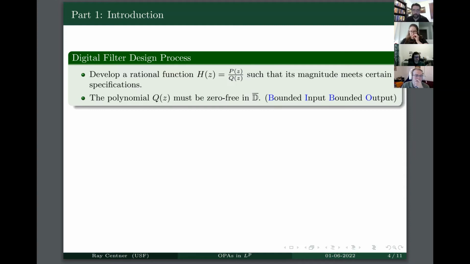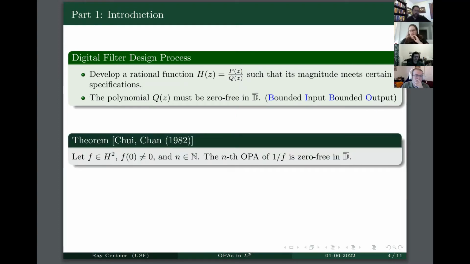To avoid this uncomfortable situation, you want to impose the condition that the denominator Q is zero free in the closed disk. In the case that that happens, you would say that the filter is stable, or BIBO stable. BIBO just stands for bounded input, bounded output. So how does this relate to optimal polynomial approximants at all?